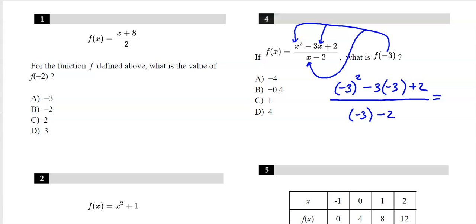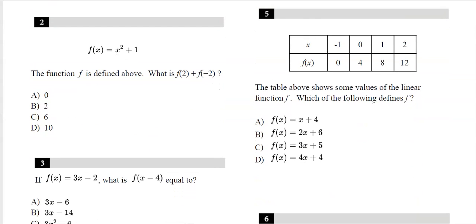So on the top, that's going to be 9 plus 9, because negative 3 times negative 3 is plus 9, plus 2, all over a negative 3, take away 2. You could use your calculator, or don't subtract, add the opposite. You get negative 5 down there. So this ends up being 20 divided by a negative 5, which shakes out to be negative 4.